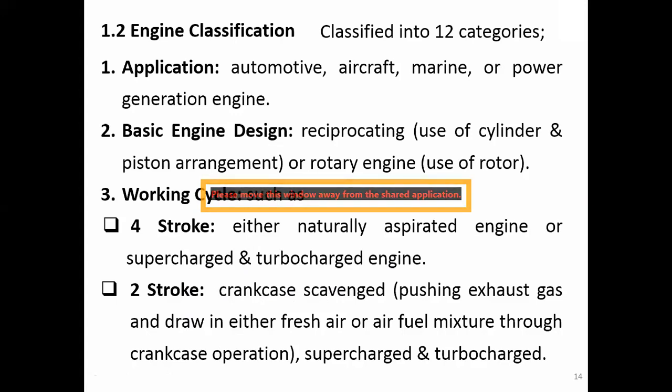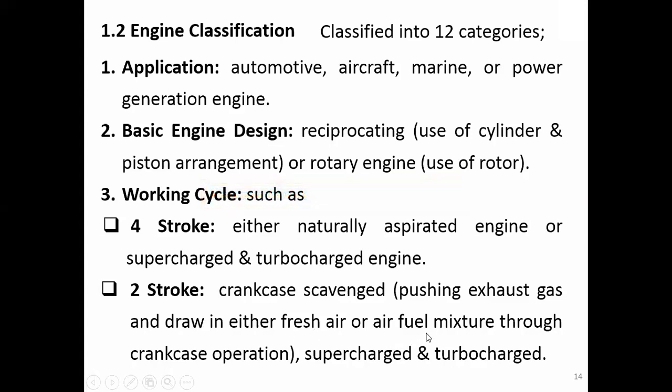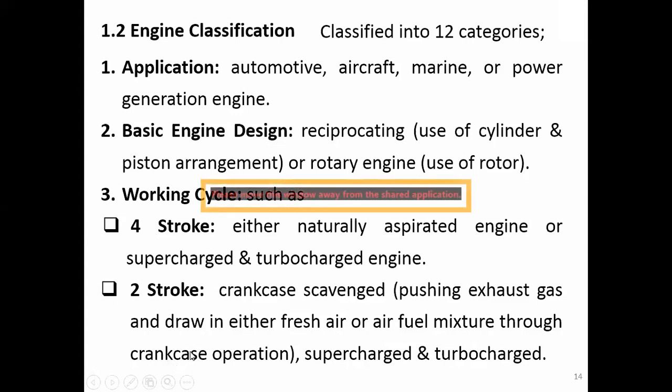So the crankcase scavenge is the way to push the exhaust gas out and draw in the fresh air or the air fuel mixture through the crankcase operation. Because the crankcase is rotating, we use this operation to push the exhaust or the useless working fluid out and bring in a more useful working fluid, which is the fresh air if it's a diesel, or the air fuel mixture if it's a gasoline engine.